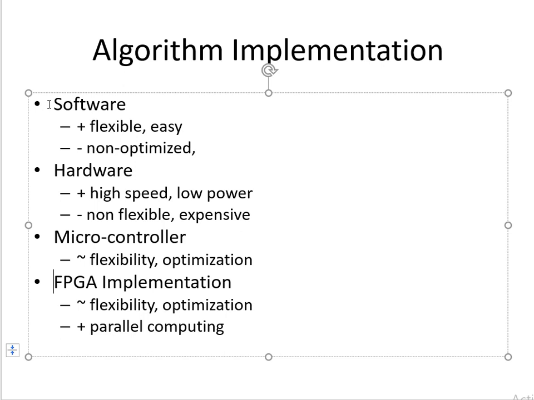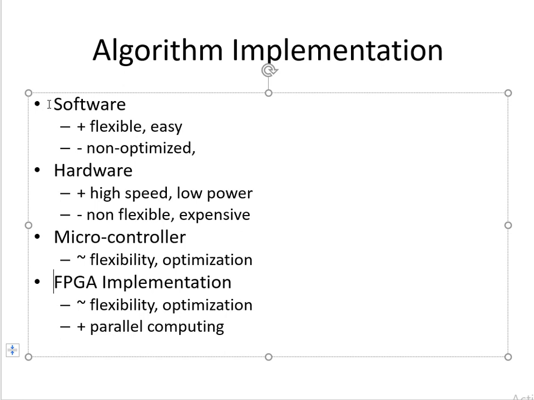FPGA is a platform on which you can implement any logic function or any algorithm. Then by FPGA implementation, you have a medium range of flexibility, a good range of speed, a medium range of power consumption, and a medium range from the easiness point of view.